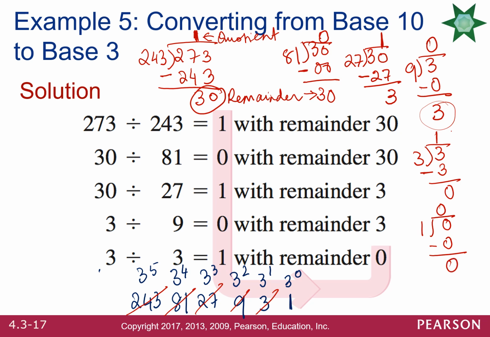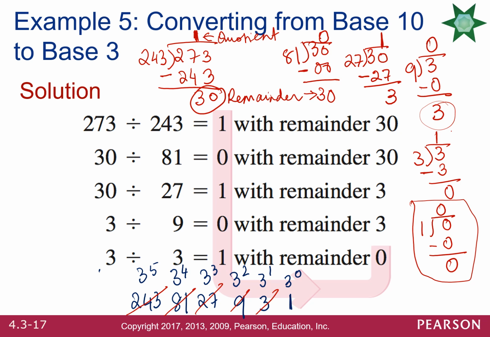We can write this as 0 with remainder 0. Or the way they work it out on the slide is they just list this last remainder. They include it as the last digit, or rather, the rightmost digit of the numeral.